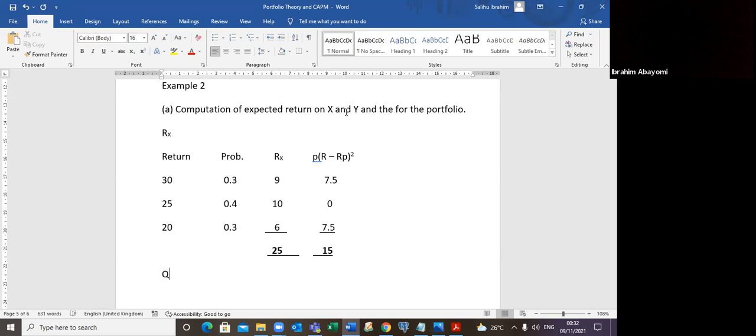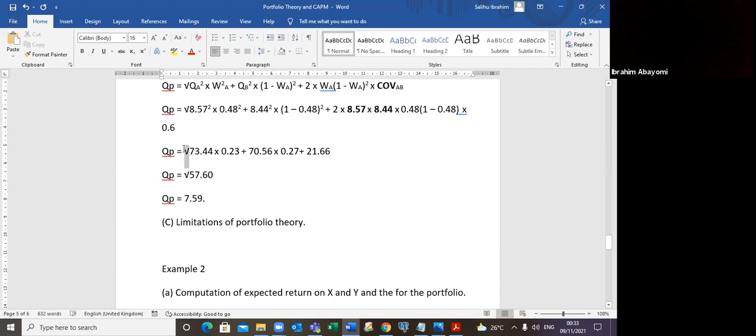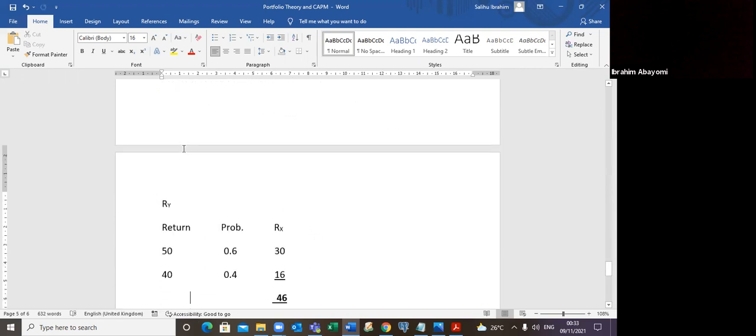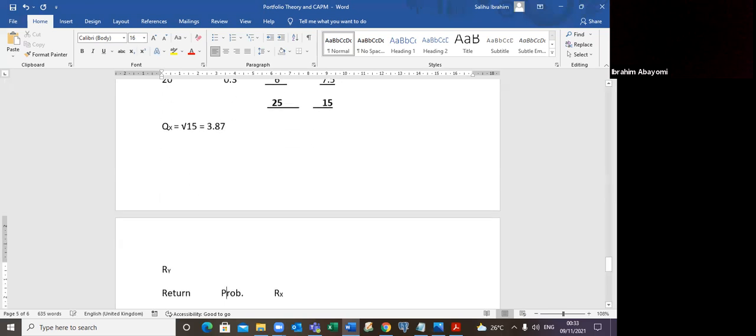Risk of X, that's the standard deviation of X. Standard deviation of X is the risk of X. So risk of X is equal to the square root of 15, which is 3.87. That's the risk of investment X.